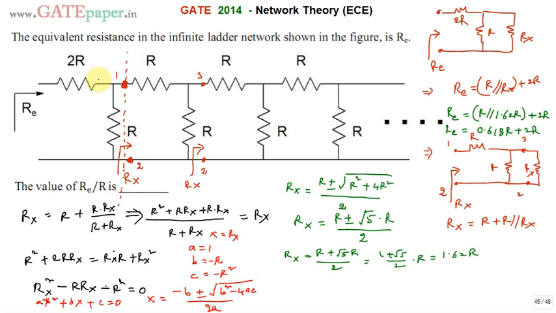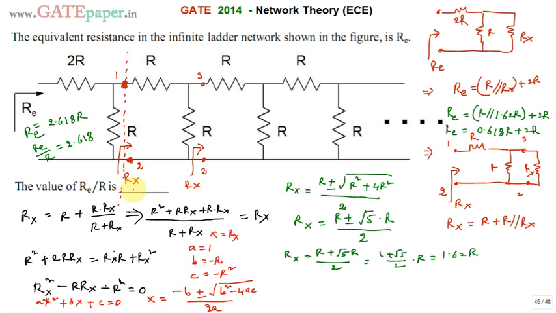So the Re value is 2.618 R, so Re by R, the required ratio, is 2.618.